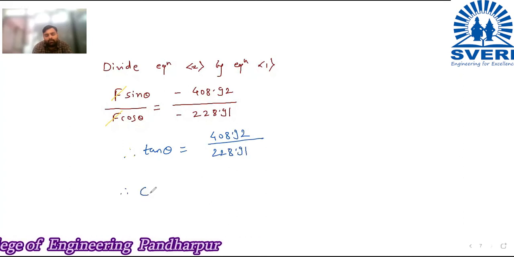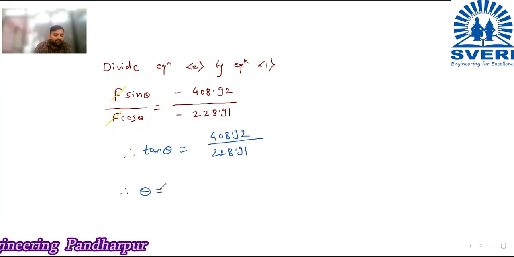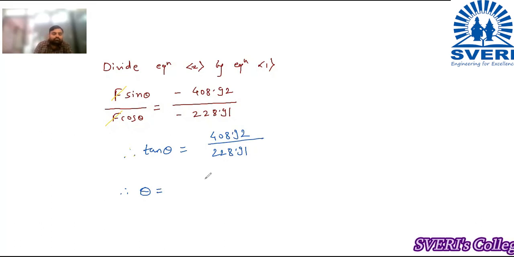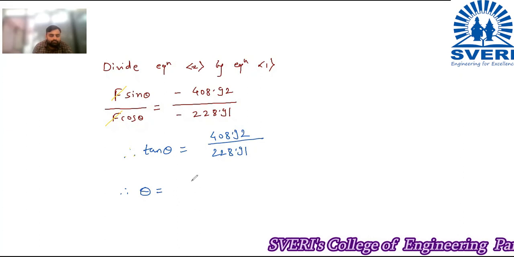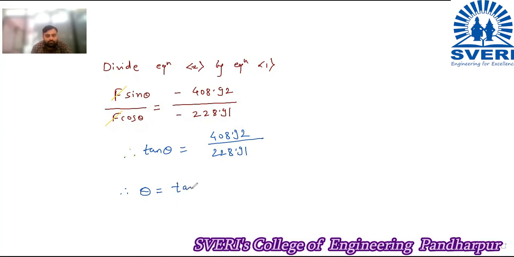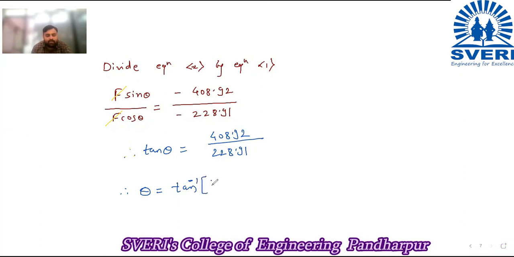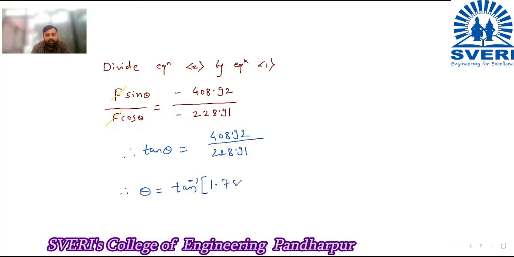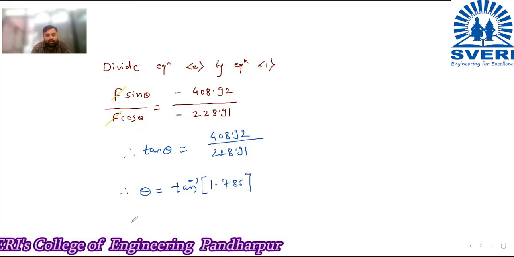So what is the answer? 1.786. So theta is equal to tan inverse of 1.786. Now calculate the value of theta.